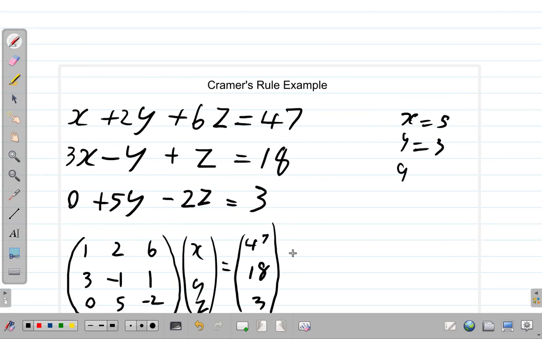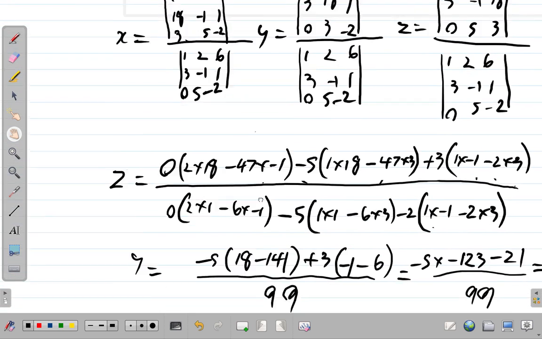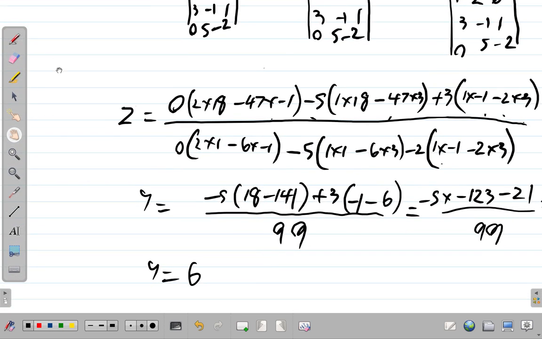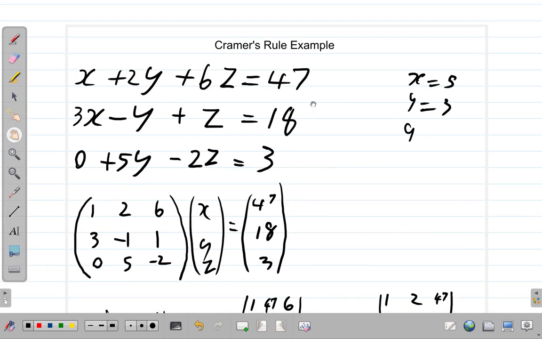No, not y, z. Why did I write y? It's z. My mistake. Alright, so z equals 6. So let me just erase the y here and put z. Z equals 6.